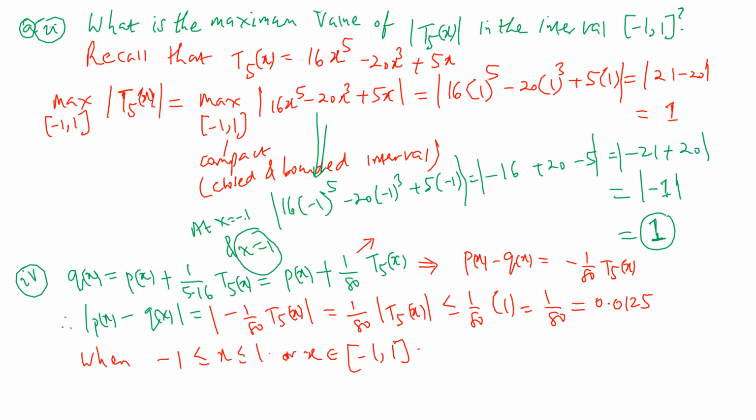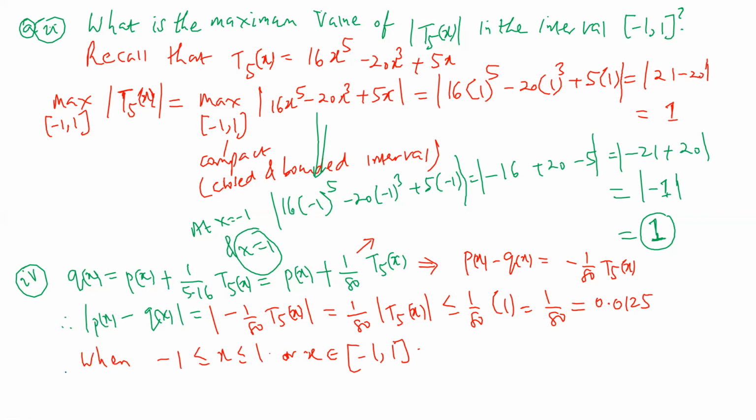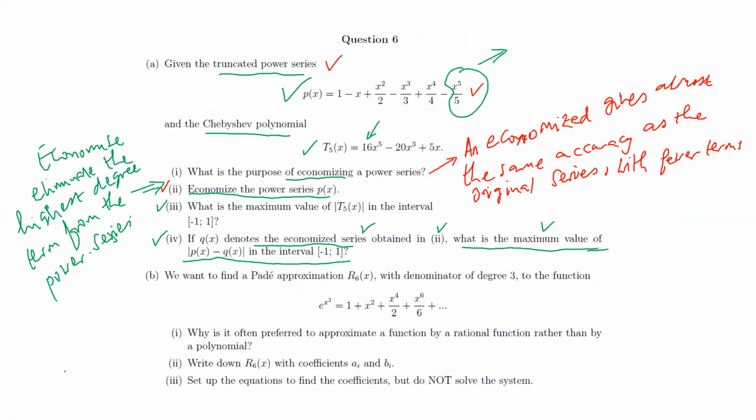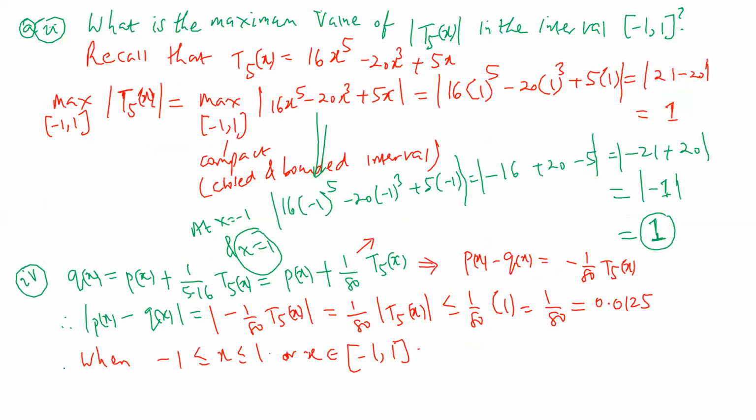What have we got? What is this that we've just obtained? Well, it's because we said, what is the maximum value of that? So in other words, you can come here and say, hence, the maximum value of the difference minus qx.